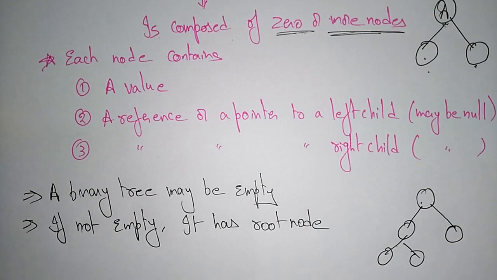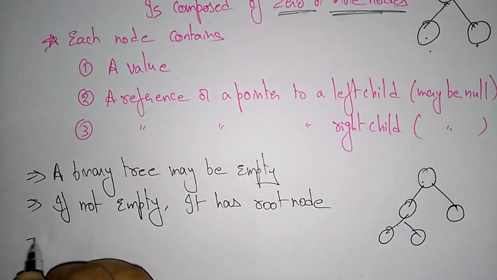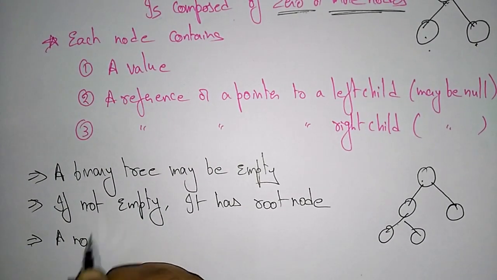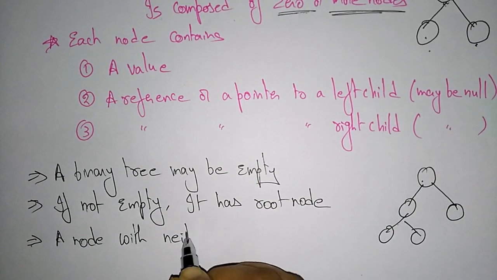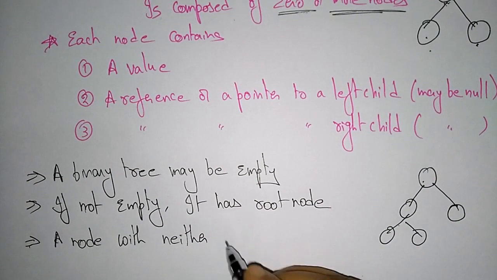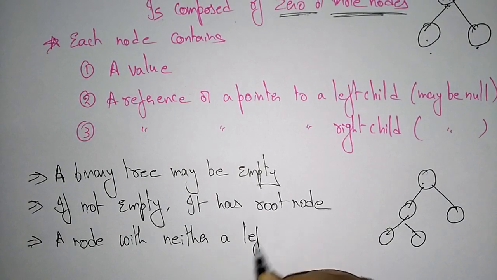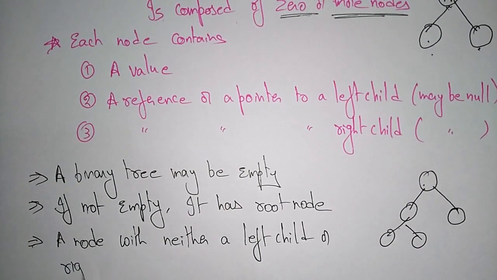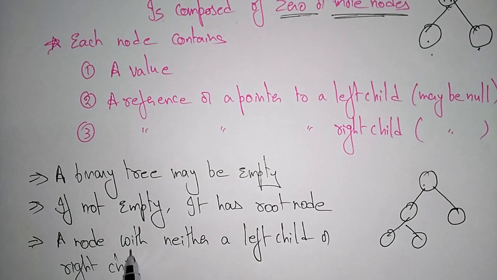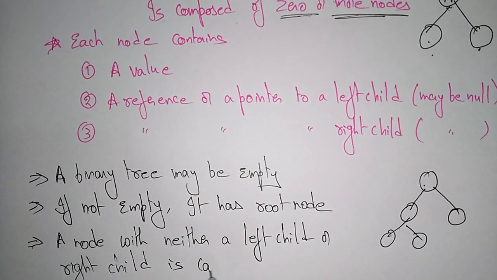And a node with neither a left child nor a right child, you call it a leaf node. I am saying neither. A node with neither a left child nor a right child is called a leaf node.